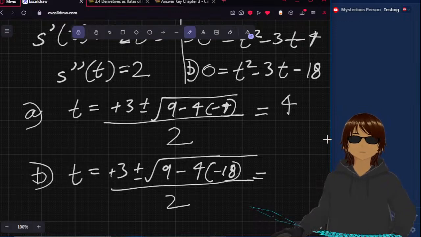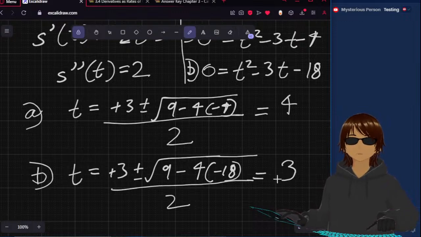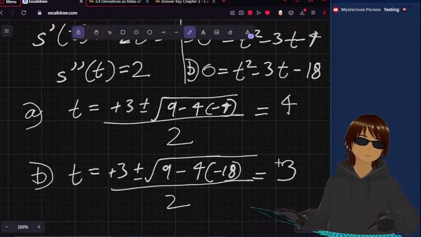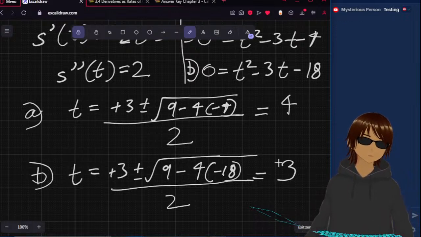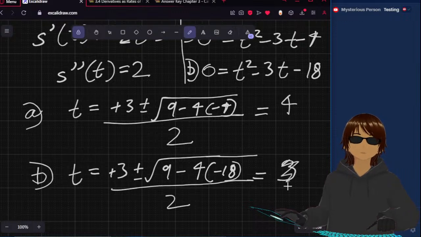Got 3. Wait. Shouldn't this be higher? It is higher. 6.